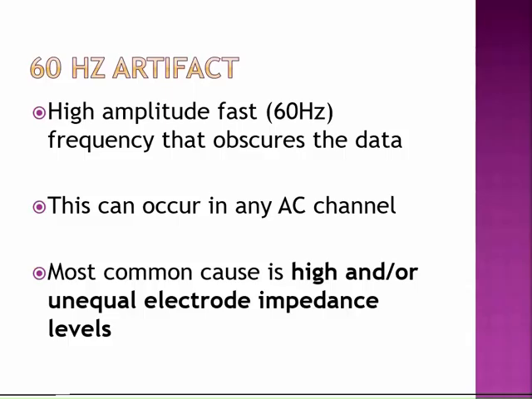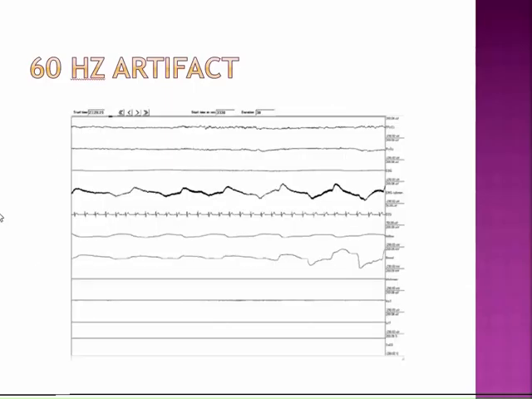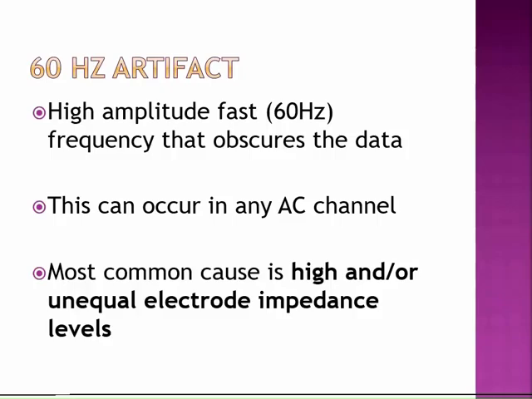You can't even see the up-down nature of the artifact. And instead, what it ends up doing is it just makes it a thicker appearance. That's what it looks like, because you can't see the up-down nature. It's just so fast, so it comes through as making it blurry or bolder, and it makes it stand out from the rest. This artifact can occur in any of the channels that operate off of alternating current.